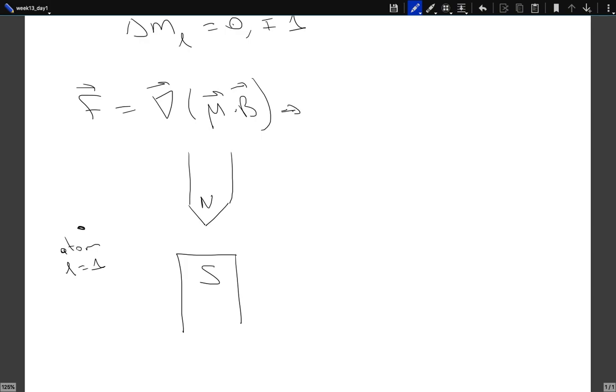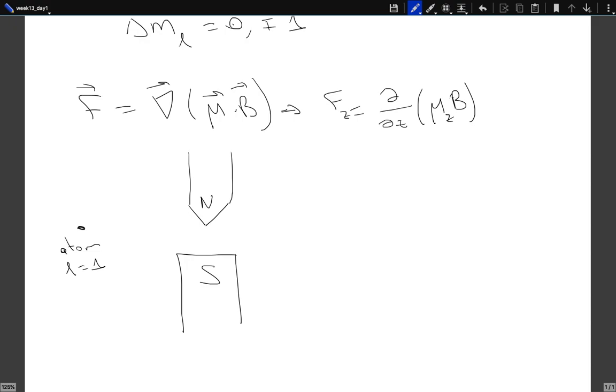Let's only calculate the z component of the force. This will be the derivative with respect to z of mu times B. We can only look at the z component of the magnetic field, let's say. The B field is not unidirectional, but let's just ignore the other components for the time being.